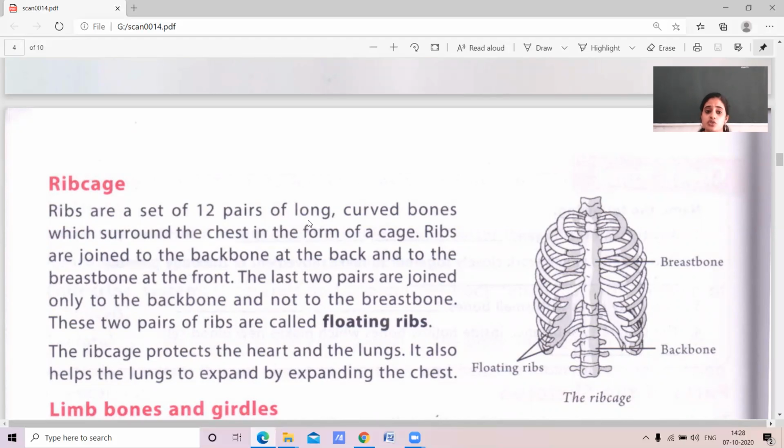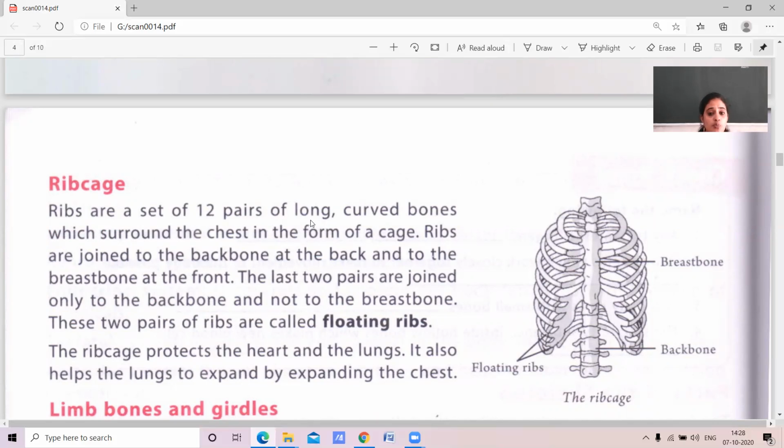Ribs are joined to the backbone and to the breastbone at the front side.